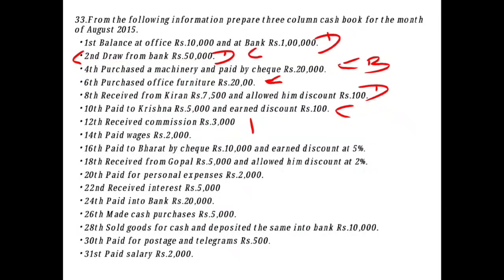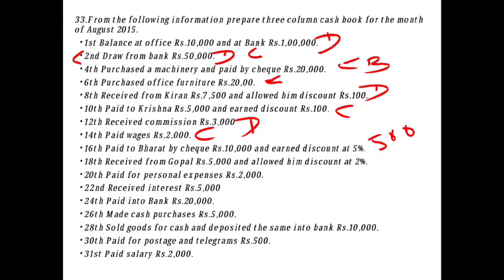Then received commission, which you record on the debit side of the cash column. Paid wages, credit side cash column. Then paid to Bharat by check 10,000 and earned discount at 5%. You should deduct the 5% discount. 5% on 10,000 you'll get as 500 rupees.